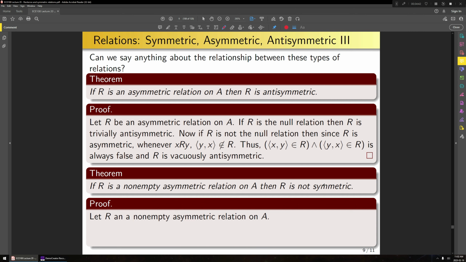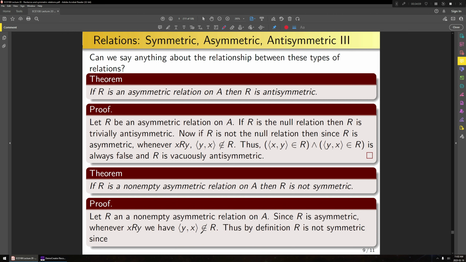So let R be a non-empty asymmetric relation on A. Now, we need to unpack what we know about R being asymmetric. Since R is asymmetric, whenever X is related to Y, we have Y is not related to X. By the definition, R now can't be symmetric because for all X, Y in A squared, this thing implies that this is not true, therefore this can't imply that this is in fact true.